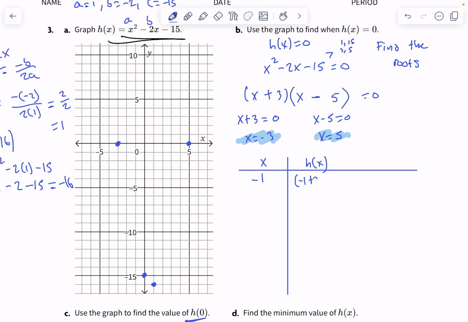So negative 1 plus 3, negative 1 minus 5 is equal to 2 times negative 6, which is equal to negative 12. So at negative 1, I'm at negative 12 right there. Okay. So what should I also know? That this is my axis of symmetry, right?